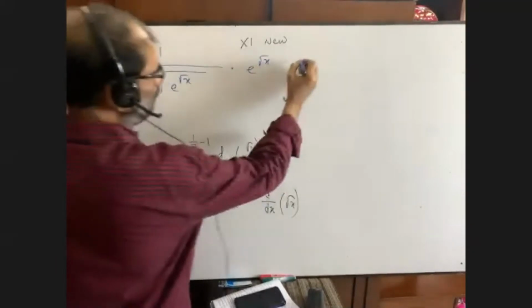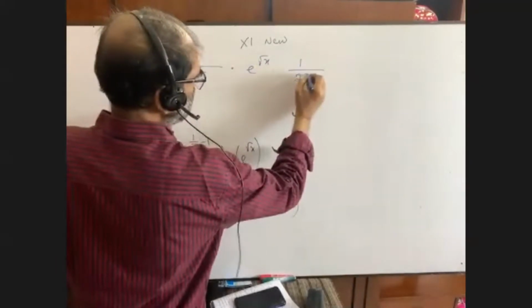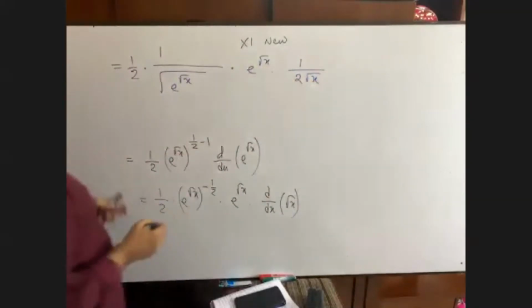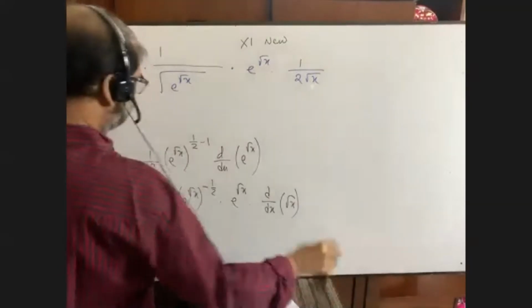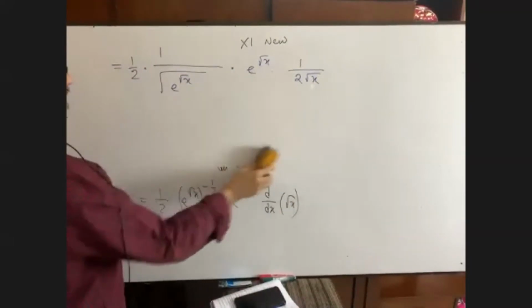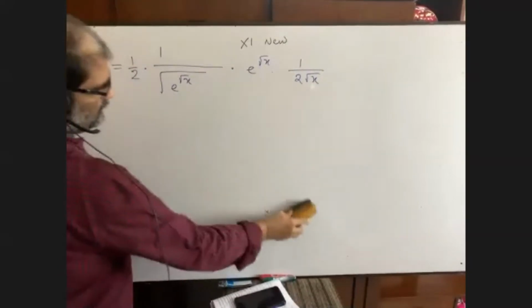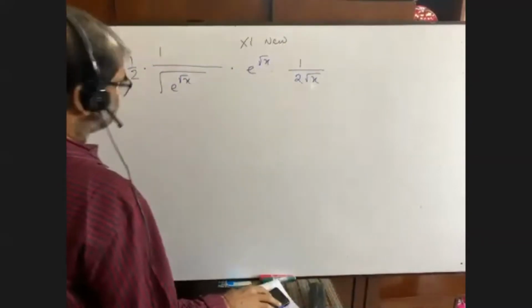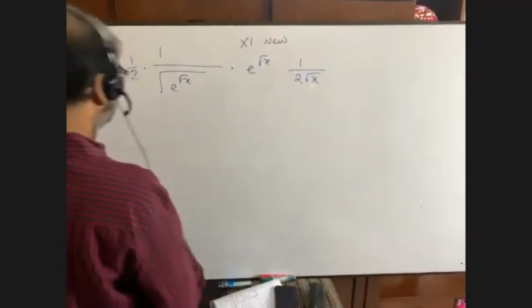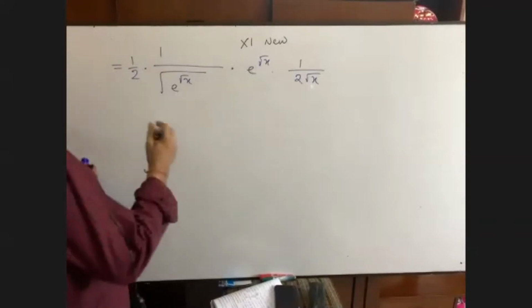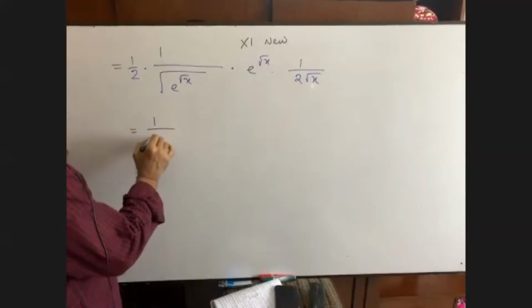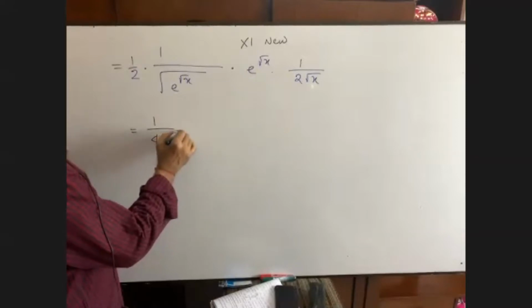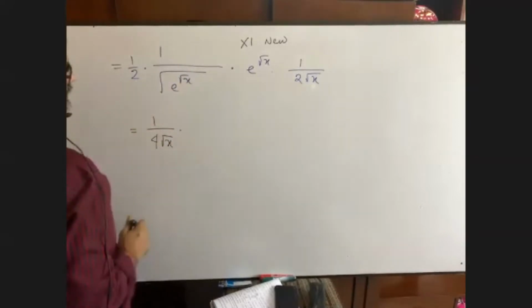It is 1 by 2 root over x. Okay. Now what is the answer? You see. Now you see 1 by 4 root over x. 2 to 4 root over x.